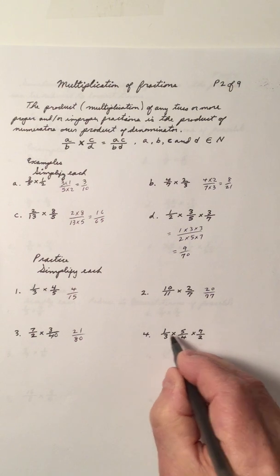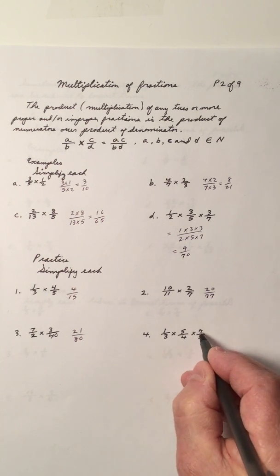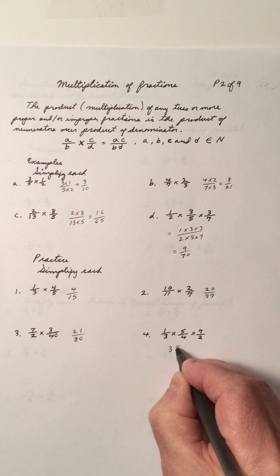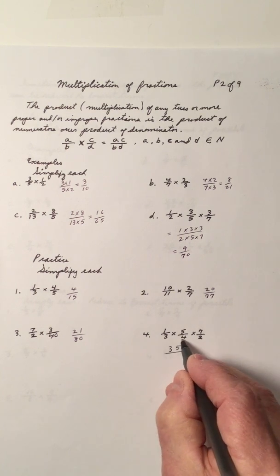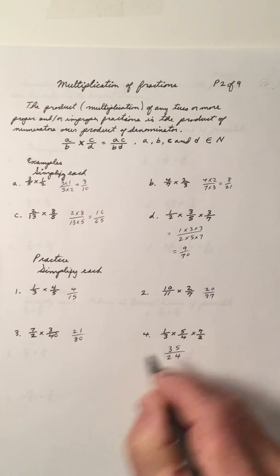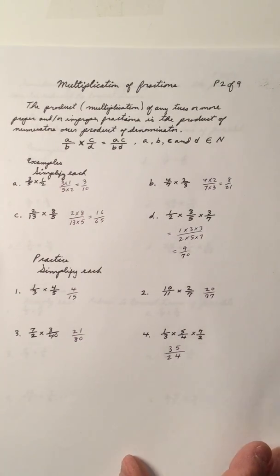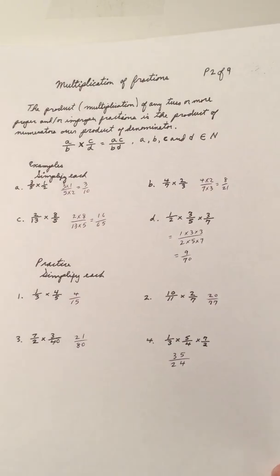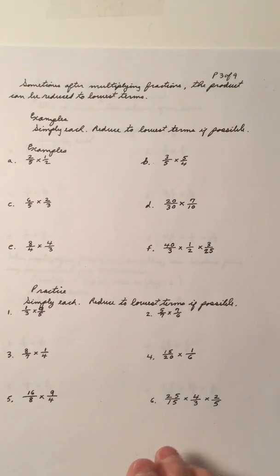And multiply it. 1 times 5 is 5 times 7 is 35. 3 times 4 is 12, times 2 is 24. So just multiplying numerators, multiplying denominators when you have fractions and you're doing a multiplication.